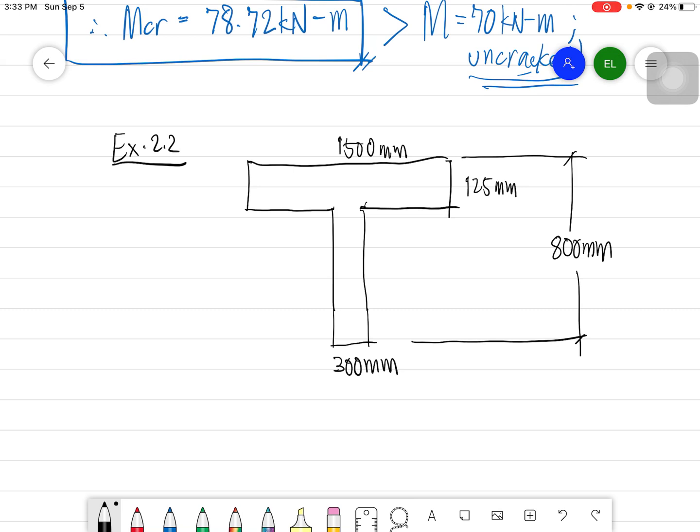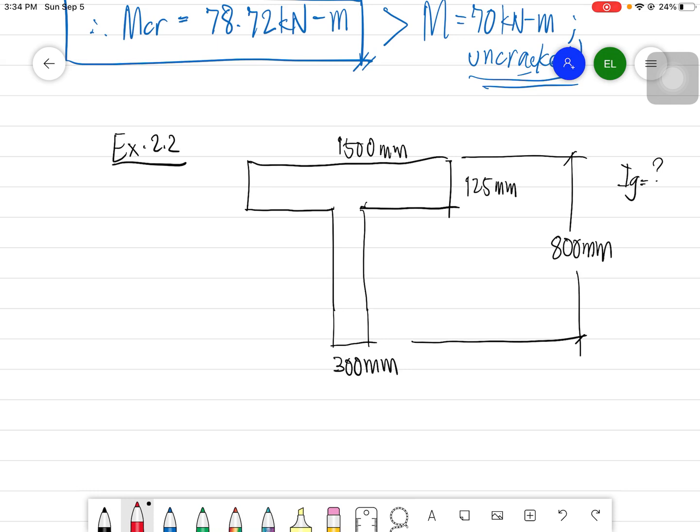Okay, so let us first try to calculate the IG, guys, of the T-beam, because we will be using that later. So hopefully you are familiar with this one already from your mathematics and even your mechanics on how to get the IG for a T-beam.